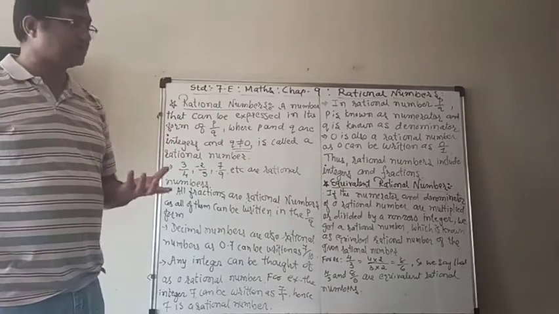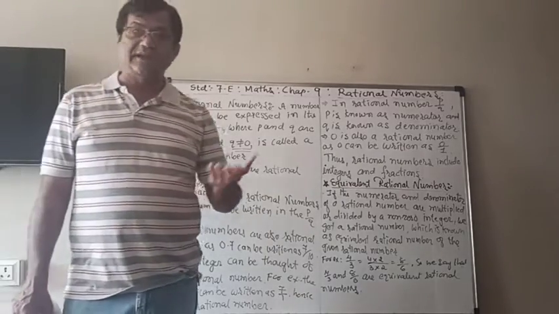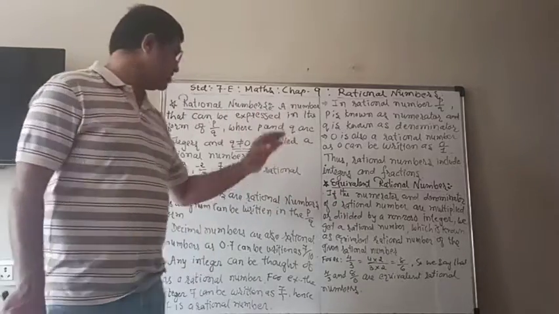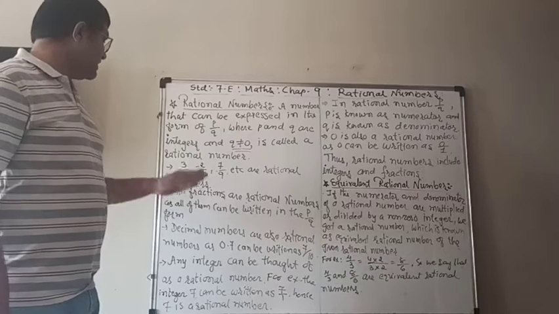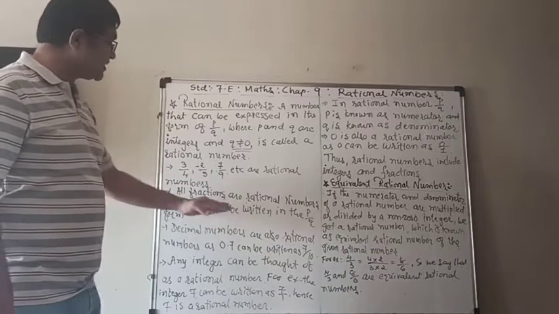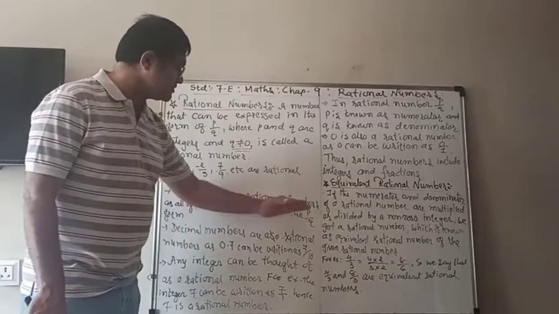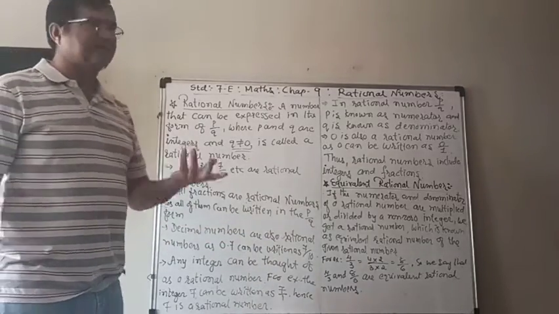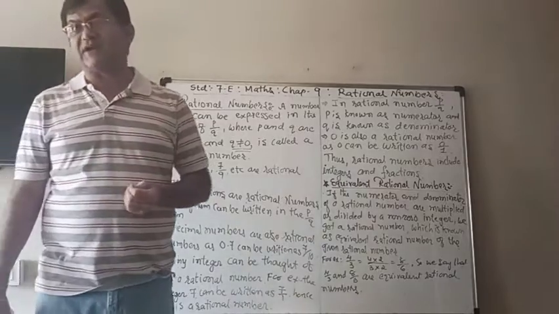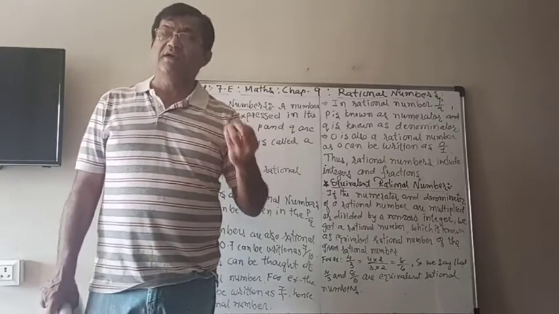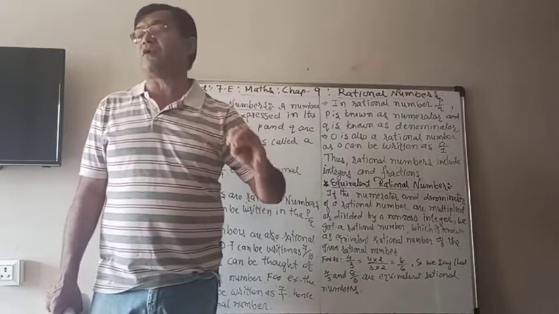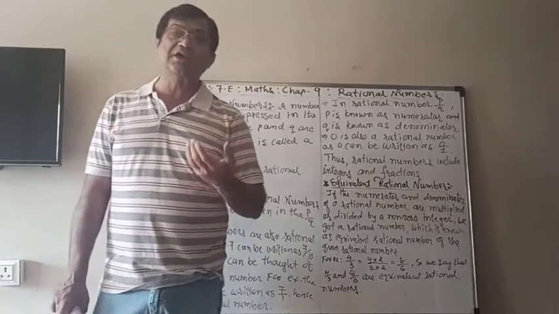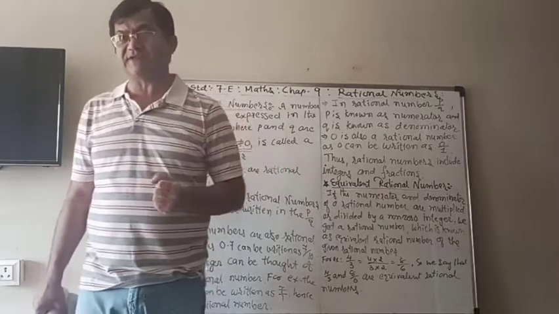So, all fractions are rational numbers. As we saw, we learned about the fractions. And then these all fractions are also rational numbers. Now, why? Because we can write them in the P by Q form, right? So doesn't matter which type of fraction it is, we can write them in the form of P upon Q. It can be a mixed fraction also, but we know how to convert that mixed fraction into an improper fraction.